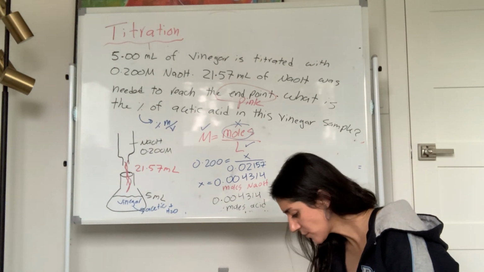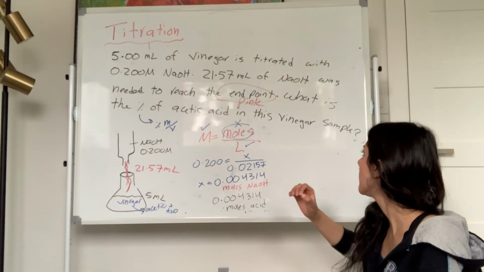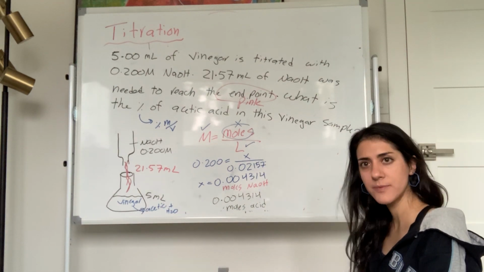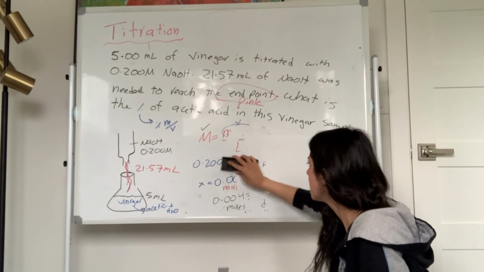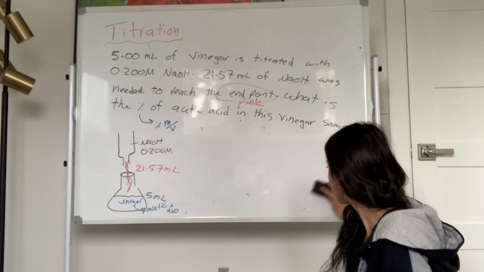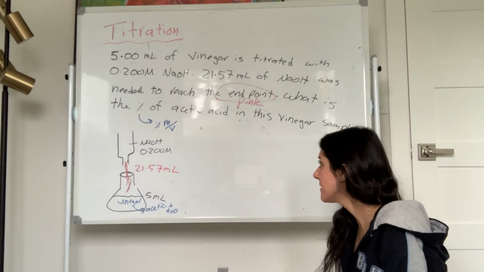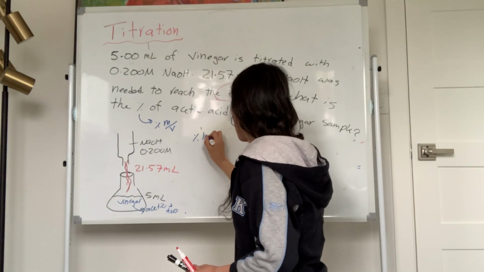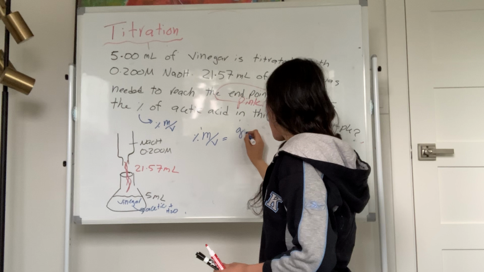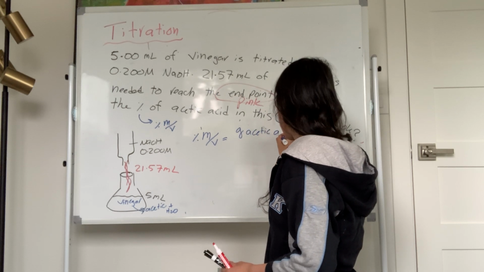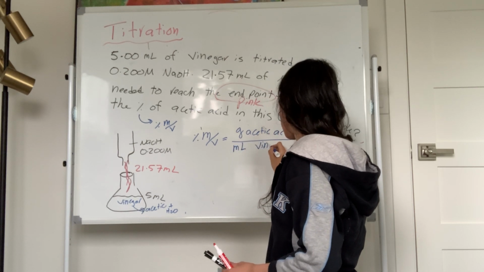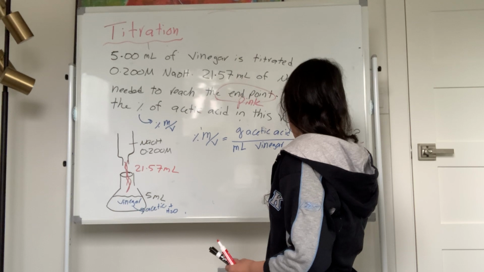Okay. What does this question ask us for? What this question asks us for is the percentage of acetic acid in this solution. Okay? So make sure you copy this down. Percentage. And we've talked about this in lecture before. What this means is the percentage of M over V. That means the grams of acetic acid over the milliliters of the vinegar solution times 100%.